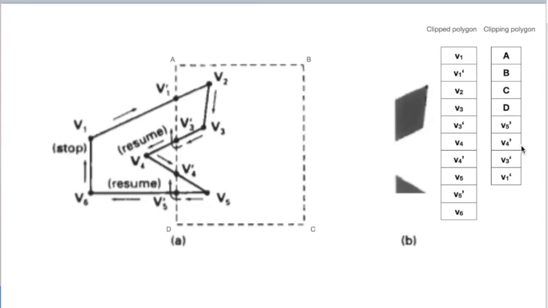Okay, so you have reached back to V4 dash, so you stop there. So you get the clipped polygon: we start from V4 dash, V5, V5 dash, V5 dash to V4 dash. Then again you check for another entering vertex. Here there is no other entering vertex, so you stop there.